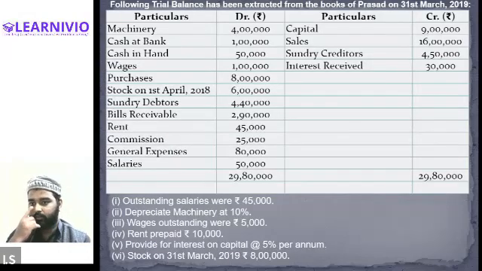Okay, guys, let's do this question quickly. Again, in this question, we need to prepare the final accounts. All of you, first of all, make the format for the trading account, profit and loss account, and the balance sheet. Please prepare the format of the trading account, profit and loss account, and the balance sheet.